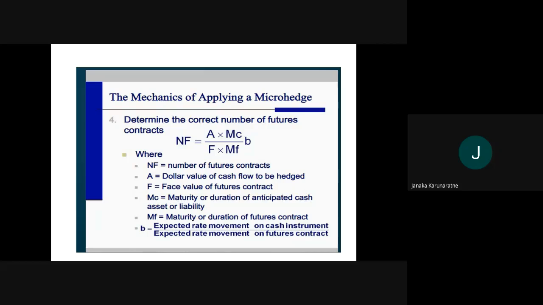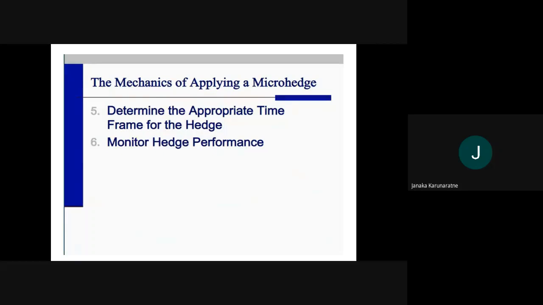Then determine the appropriate time frame for the hedge. You determine the time frame depending on what you are going to hedge, and monitor the hedge performance. Of course, monitoring is important. You don't have to wait till expiration of a hedge.